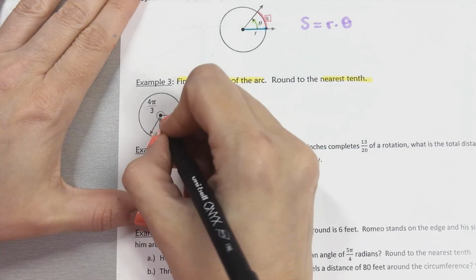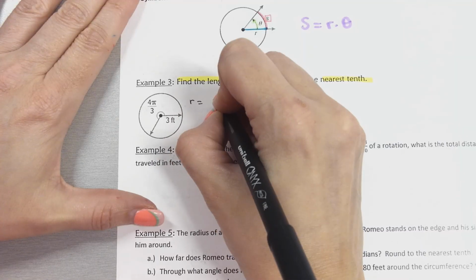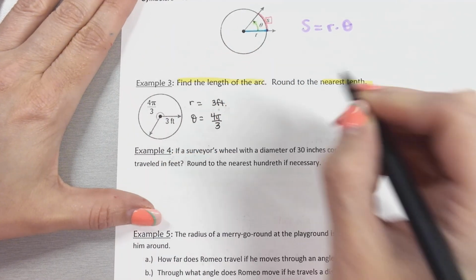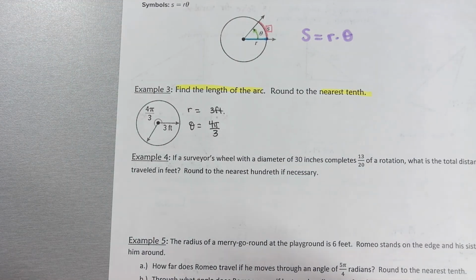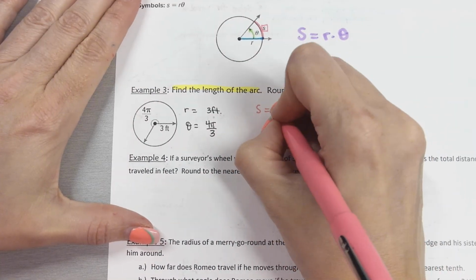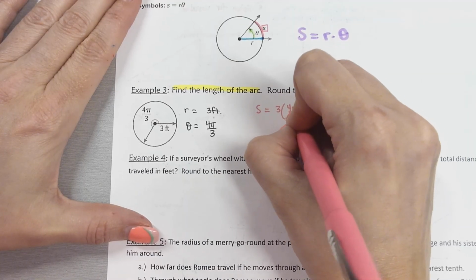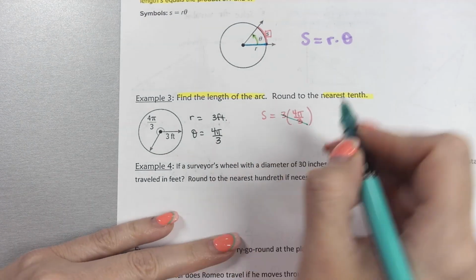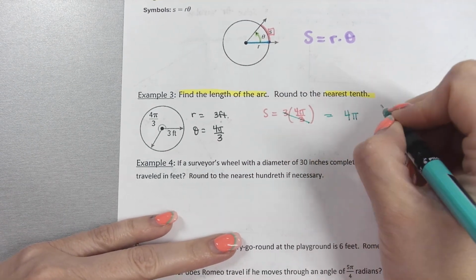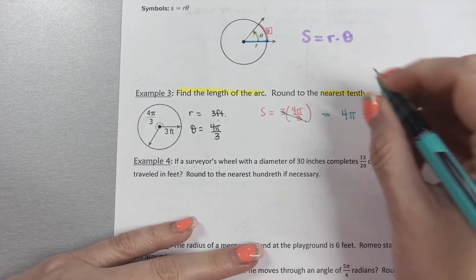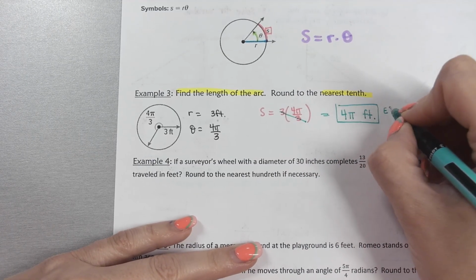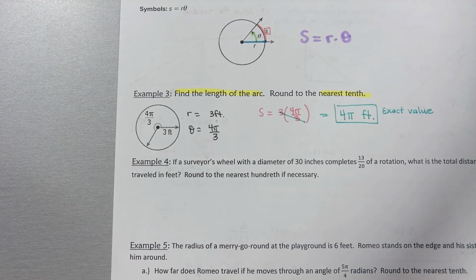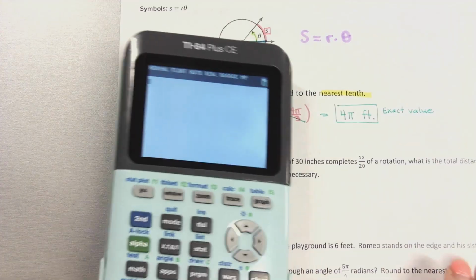So based on my picture, it labels the radius as 3 feet, and my theta is 4 pi over 3. So s is going to be 3 times 4 pi over 3. If they ask you for an exact value, that would just be 4 pi, and that is going to be feet. And then when you round to the nearest tenth, we're going to use the pi button.